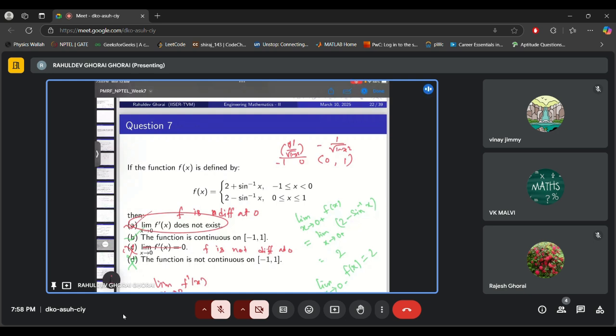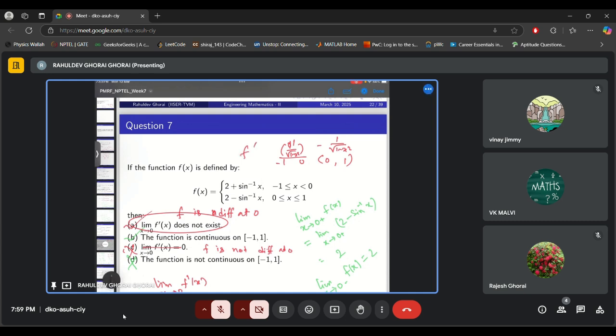Otherwise you can think about it in the differentiability way. f prime does not exist at the point, but the limit as x extends to 0 of f prime x, you can talk about in the interval minus 1 to 0, there you can talk about x extends to 0 minus, and on 0 to 1, x extends to 0 plus, and on those intervals they are smooth and f prime exists, right? Those are f prime values.